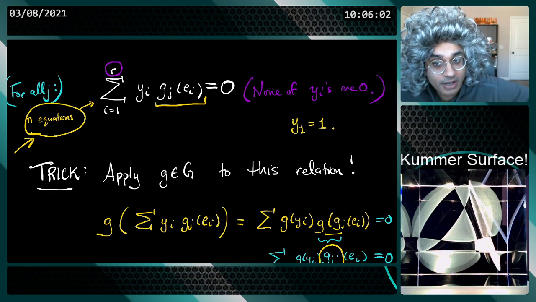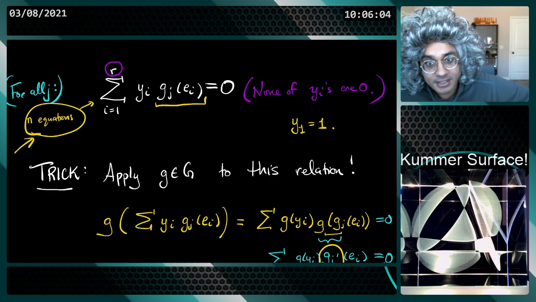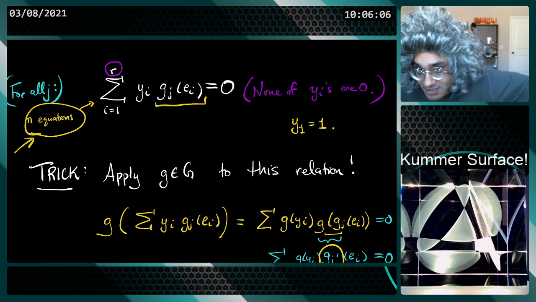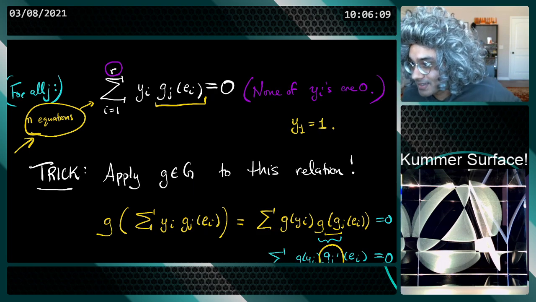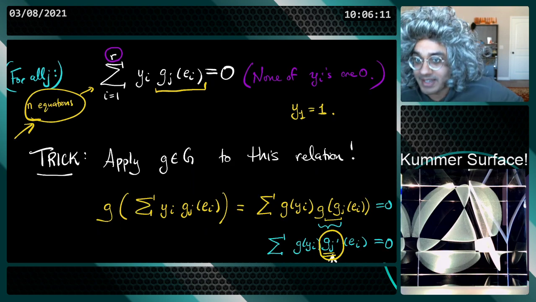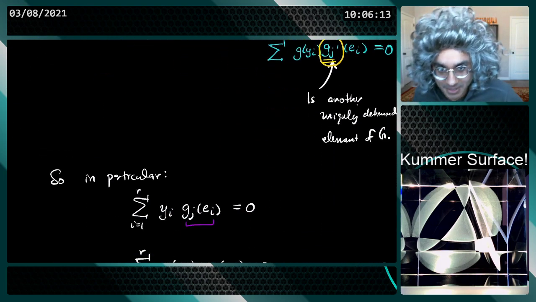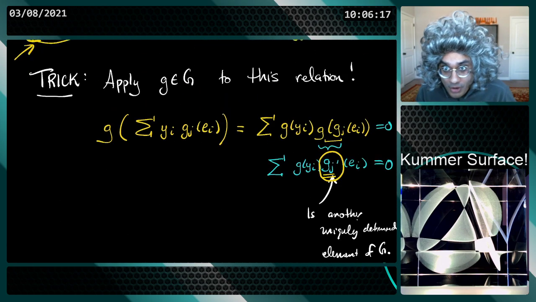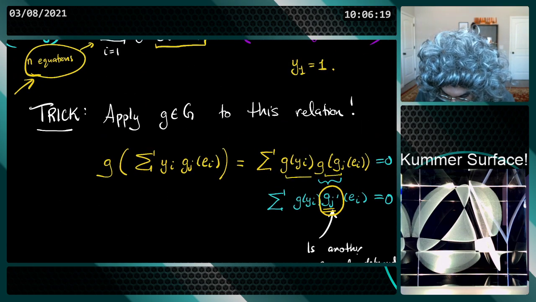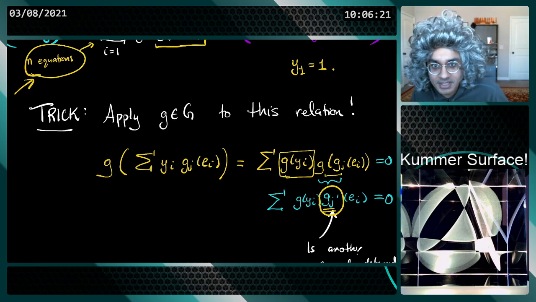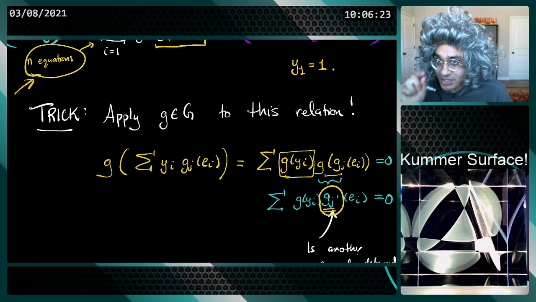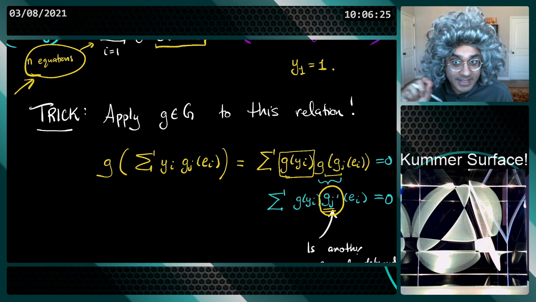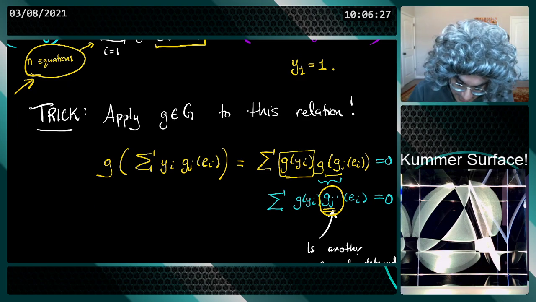What changes are the coefficients: the yi's became g of yi's. It's a scrambling trick. It's true for all j. And notice the great thing is that the coefficients of the new equations are all the same. They're just g of yi. They don't depend on j.